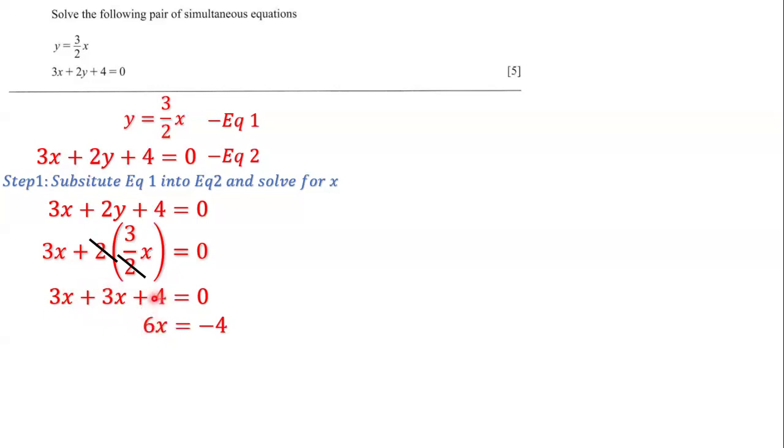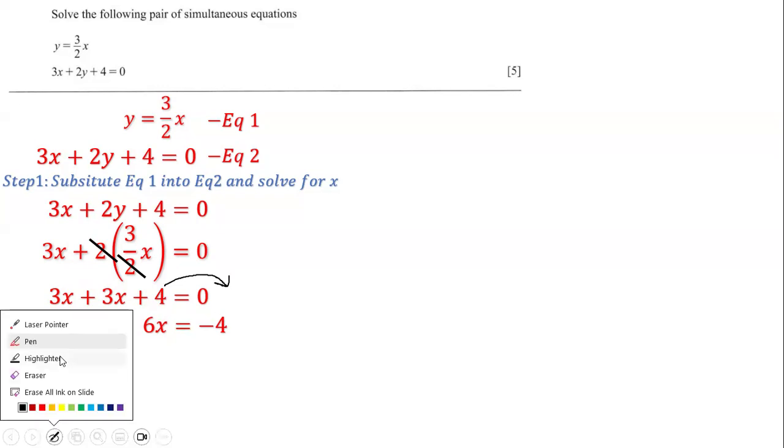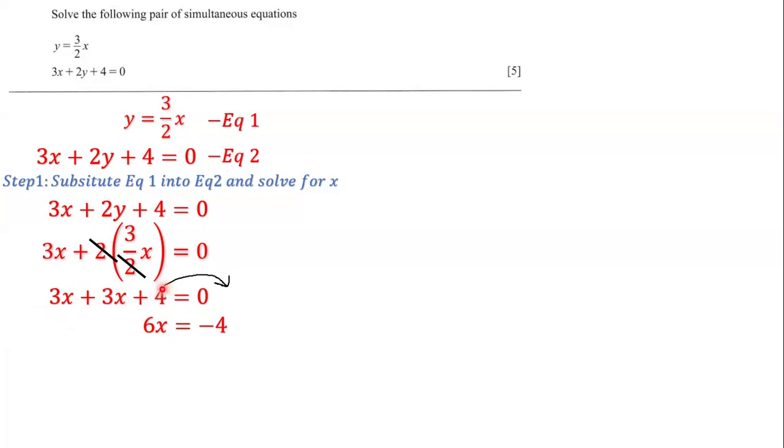But what happened to the positive 4? Well, we sent it over the equal sign, and when we did, it became a negative 4. But what happened with the 0? When we send the positive 4 over the equal sign, it became 0 plus negative 4.